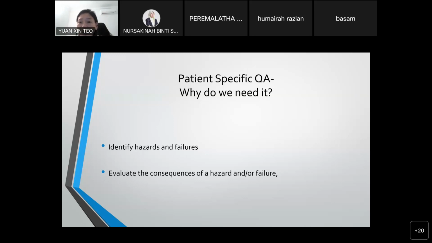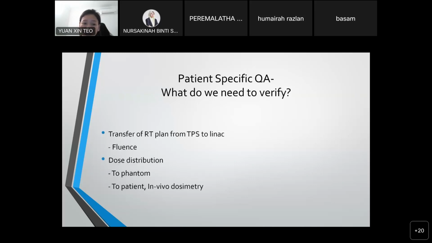If your plan fails, there is something wrong in your plan or a machine problem. So as a physicist, you will need to identify what has gone wrong. So what do we need to verify?